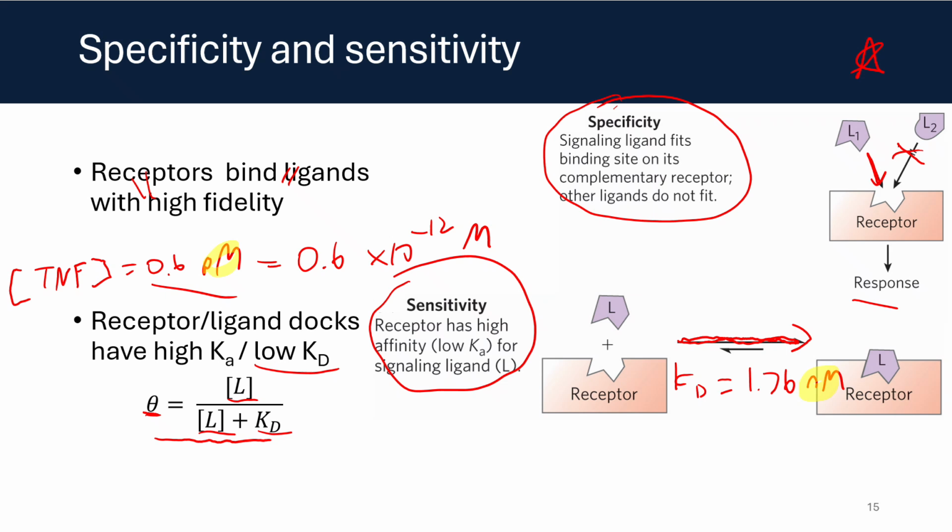So I'm going to plug these values into this equation with one modification. I'm going to convert everything to picomolar, including the Kd. And I do that by moving the decimal place over 3 times. So it's going to be plus 1,760. And this is going to give us a very small number. I'm going to put this in my calculator now.